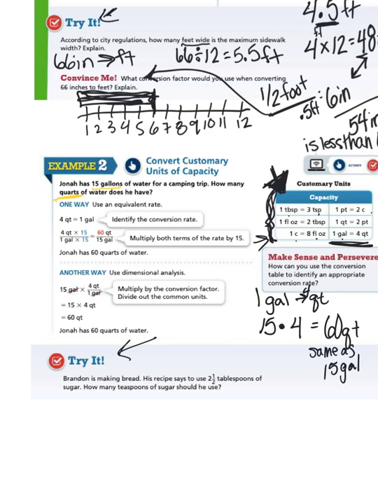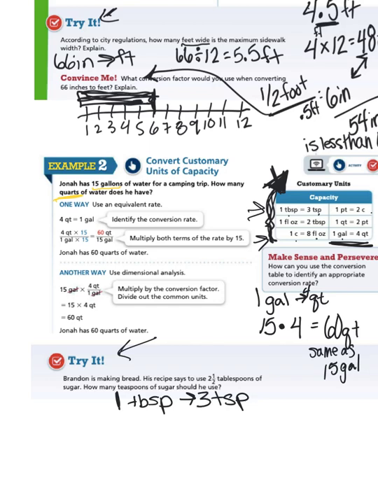Brandon is making bread. His recipe says to use 2.5 tablespoons of sugar. How many teaspoons of sugar should he use? So we are talking about tablespoons to teaspoons. Now for every 1 tablespoon, it tells us in the chart, that's equal to 3 teaspoons.